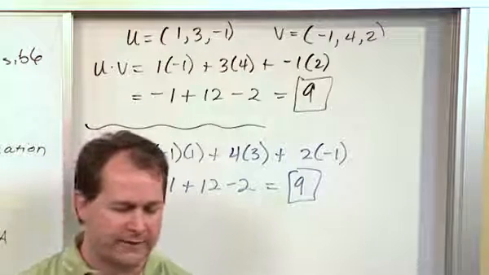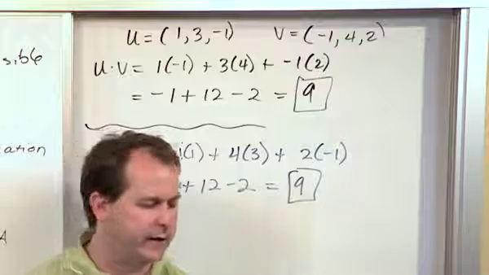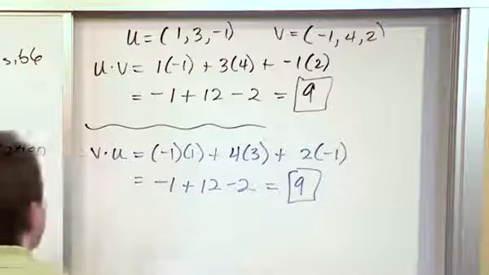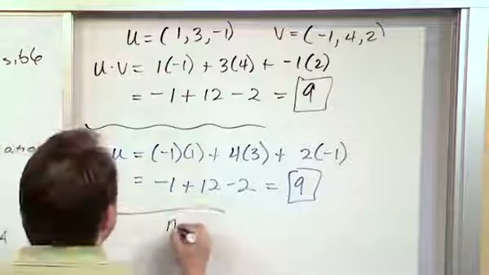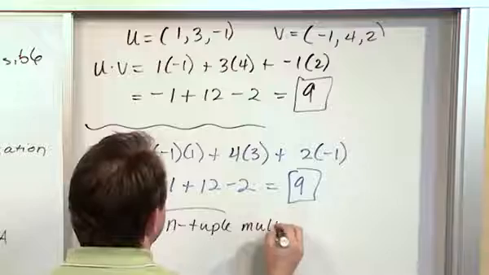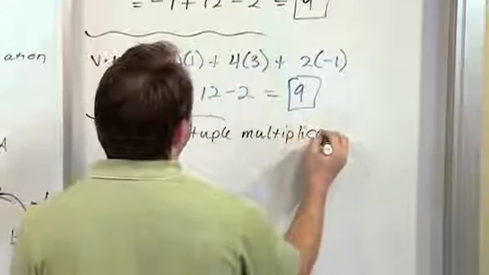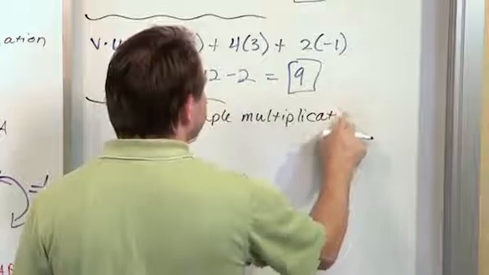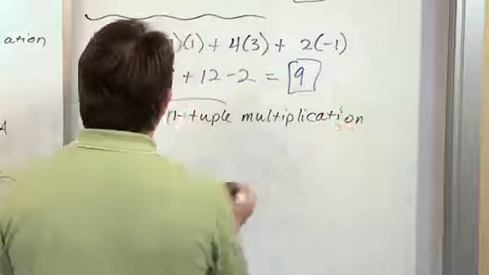So I have a couple of things here, one of which I've already said, is that when we have n-tuples, so for n-tuple multiplication, which is just the dot product multiplication, right?